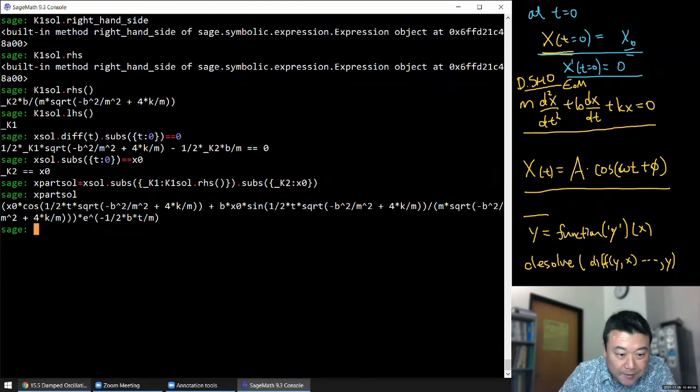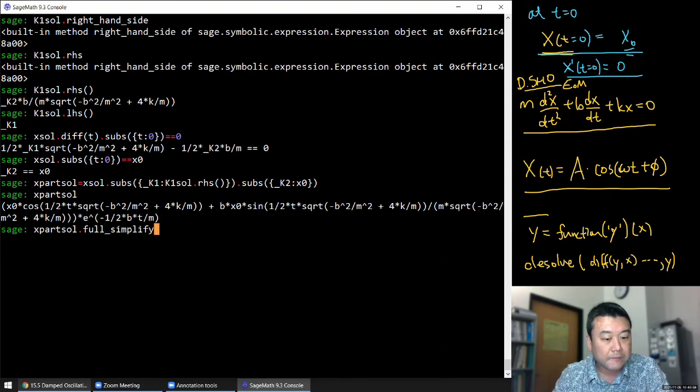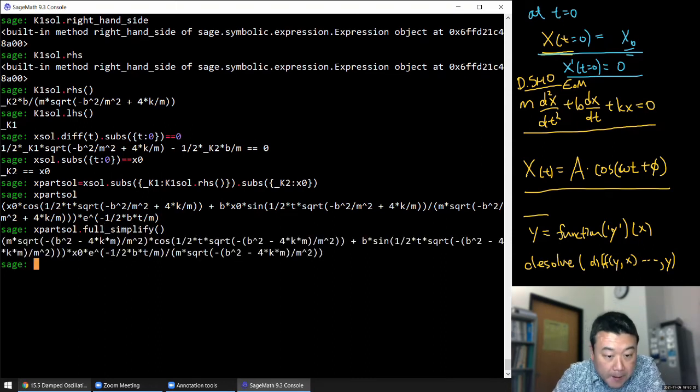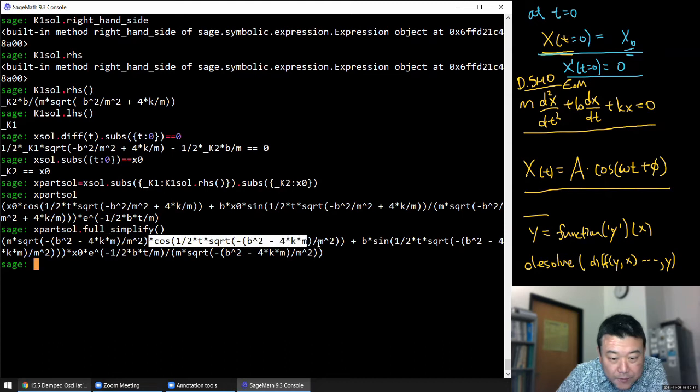And it looks complicated. I think I can simplify it a little bit more. Maybe full simplify. We'll see. Here's something that's oscillating as cosine of something as a function of time, and I have a b times the sine of something.